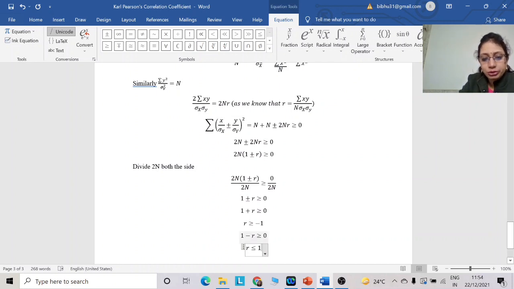Okay, because r you took to that side, so r is less than 1 to plus 1. So this proves that the value of r, the correlation coefficient, lies between minus 1 to plus 1.